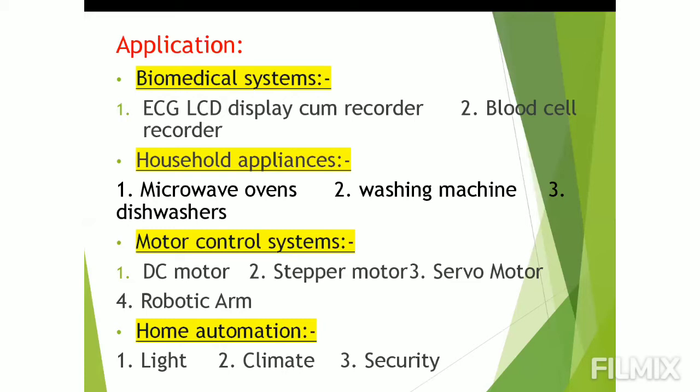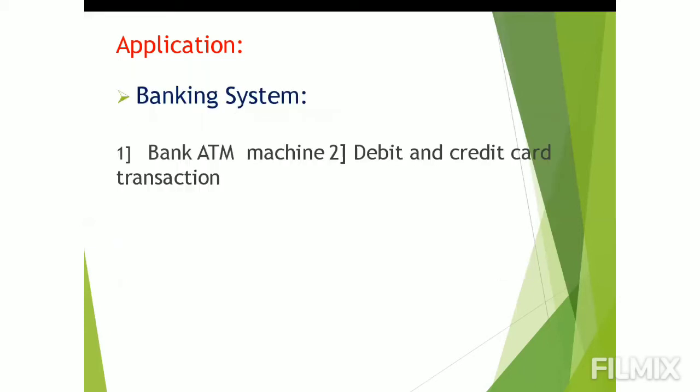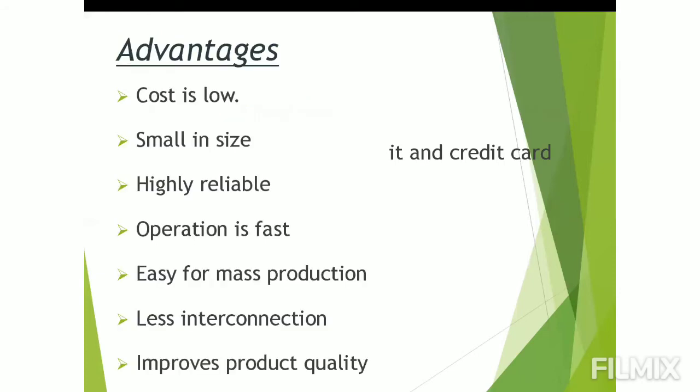We can use embedded systems in various home automation systems for controlling light, climate. The next application is in banking systems. We can use embedded systems in ATM machines, debit and credit card transactions.